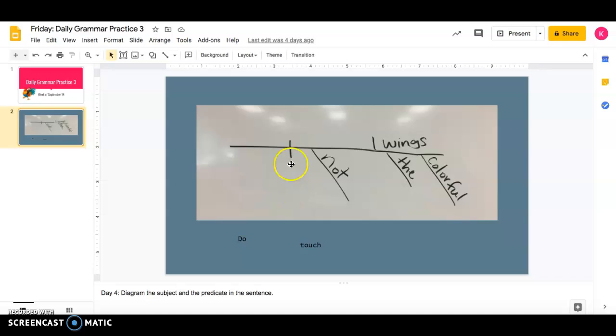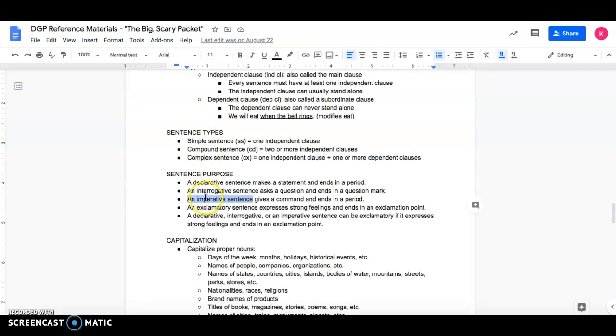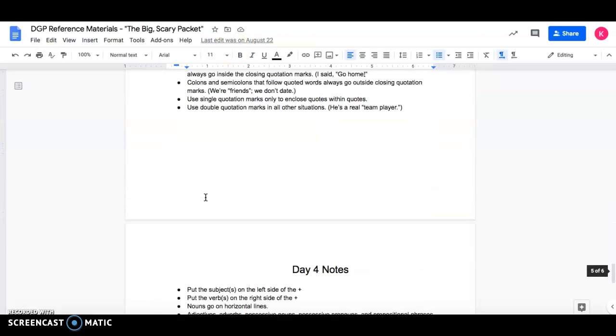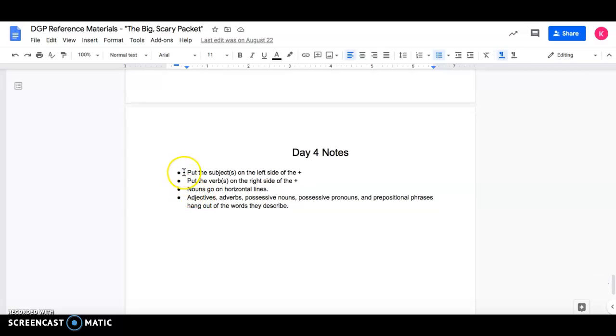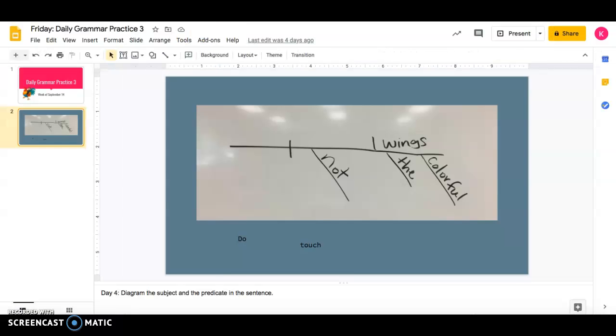If you look at your big scary packet on day 4, the first bullet point says we're going to put the subject or subjects on the left side of the plus sign, and we'll put the verbs on the right side of the plus sign. So if we look down here, we only really have to diagram the words do and touch.